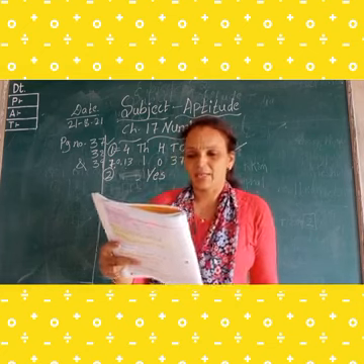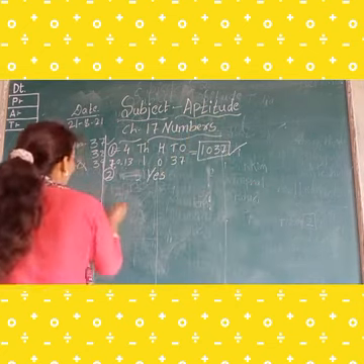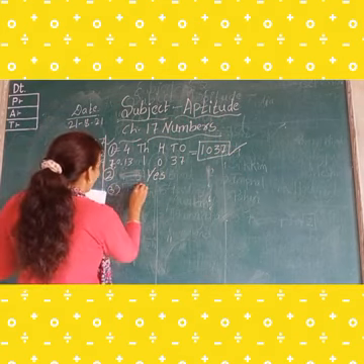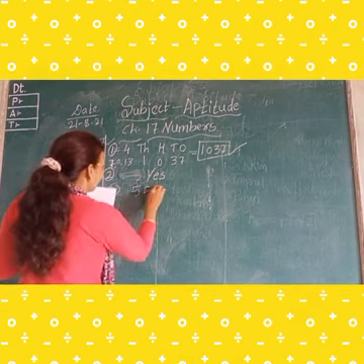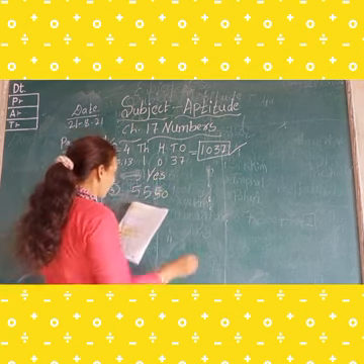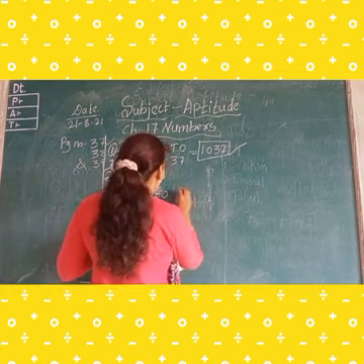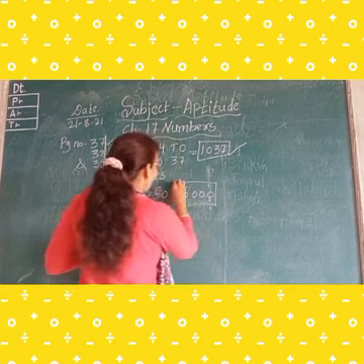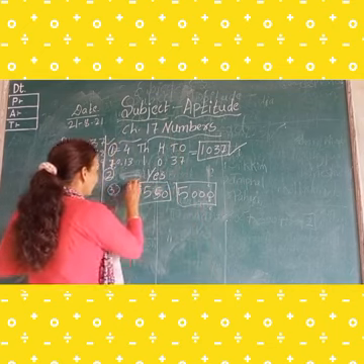The greatest is 5500, with two 5s used. And the smallest has one 5. So our answer is 5000 and 5050.